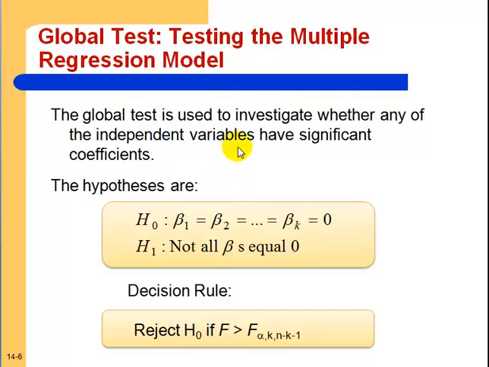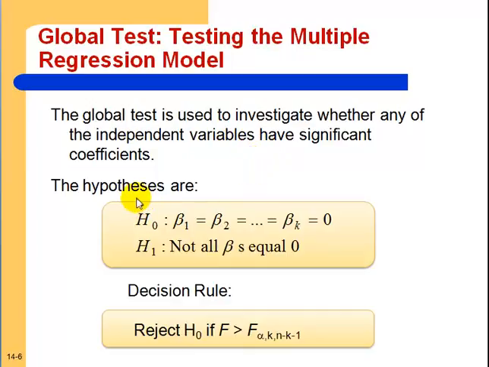When we do this kind of testing, the hypotheses are given. In the last chapter we mainly did hypothesis tests on the population mean, and here we just want to test whether the independent variables have significant coefficients.